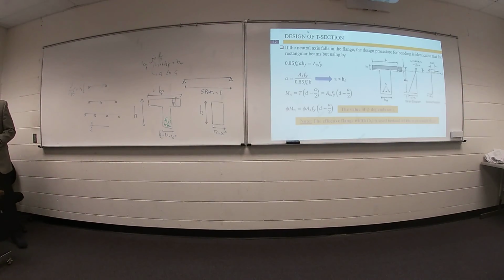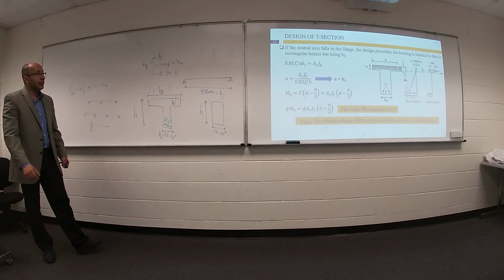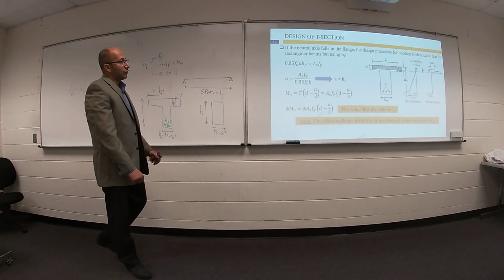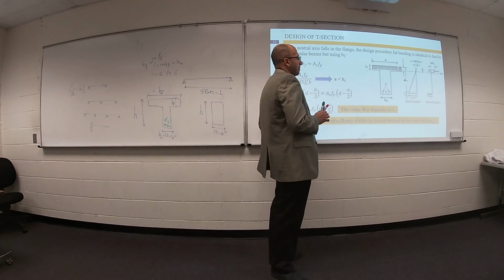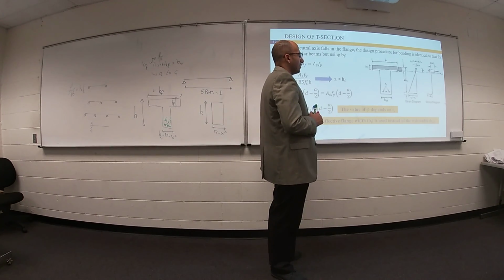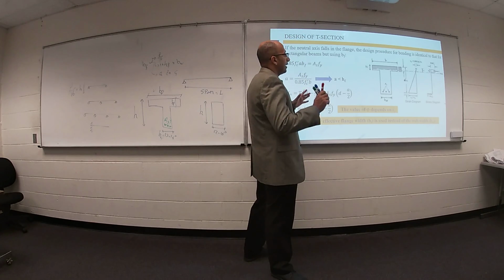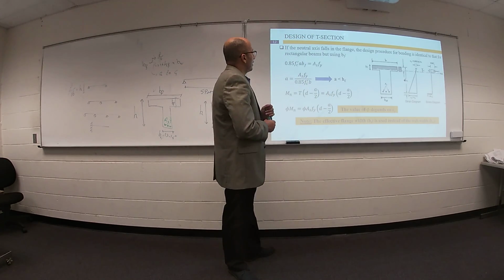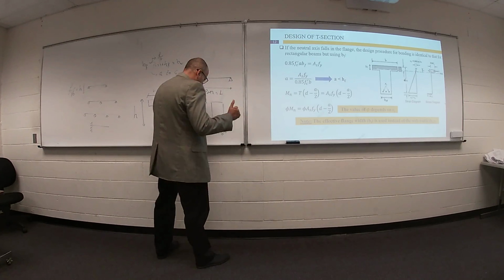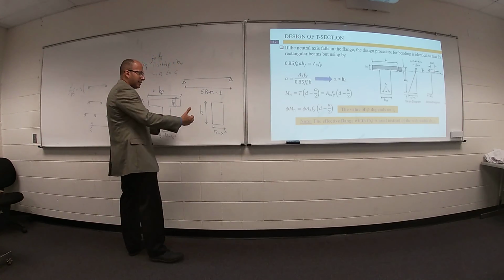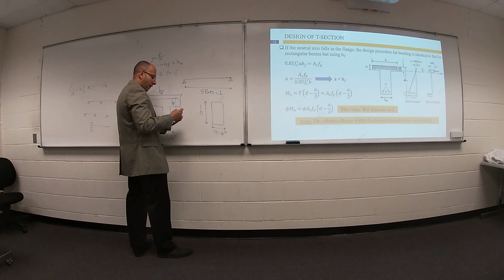Actually, we have two situations. The first one is very simple. The second one is not simple. First one, do you remember the first step to solve a rectangular section?